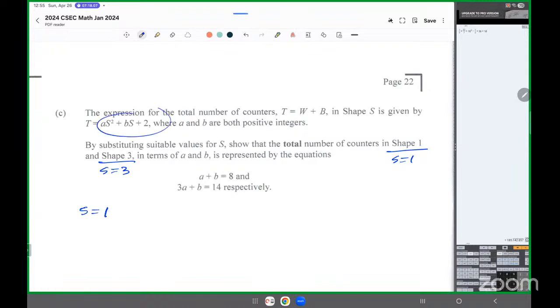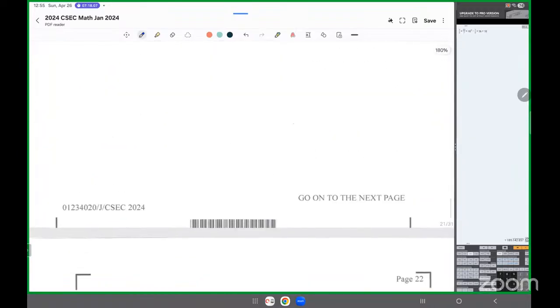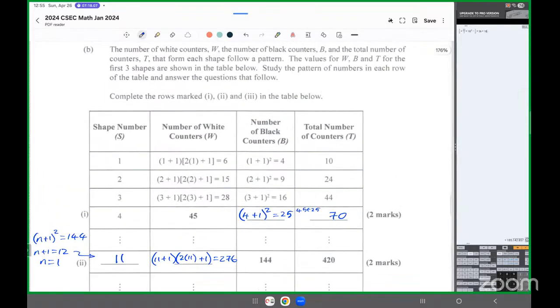You plug 1 in this, you're going to get A times 1 squared plus B times 1 plus 2 equals. In shape 1, the total was what again? Total was 10. Remember that? Shape 1, S equals 1, the total was 10.